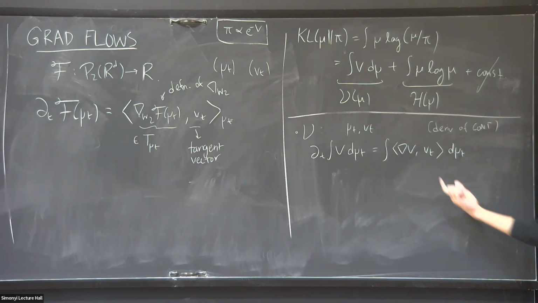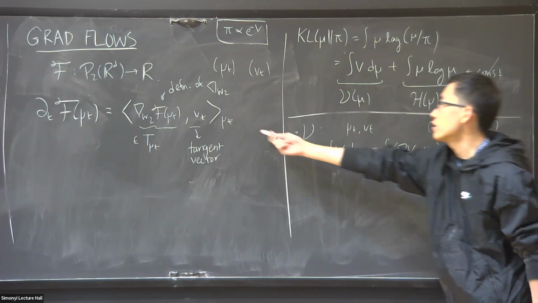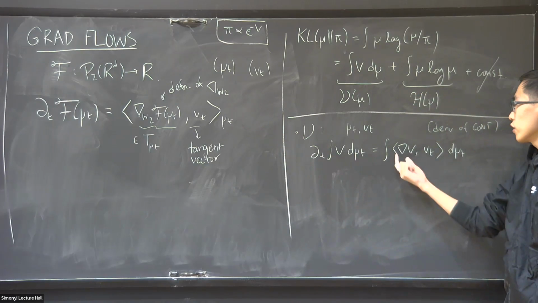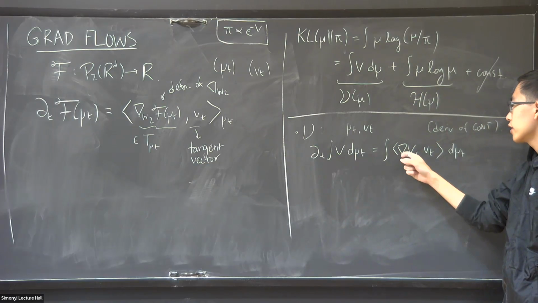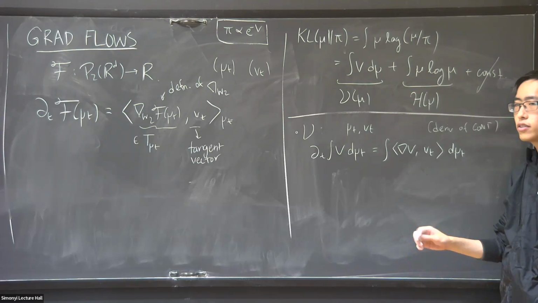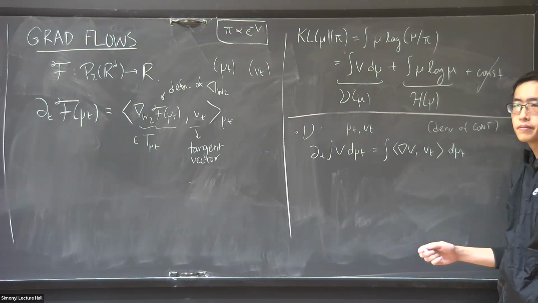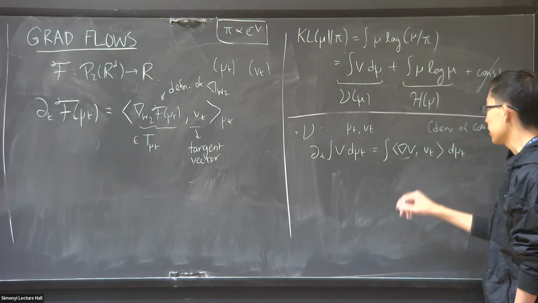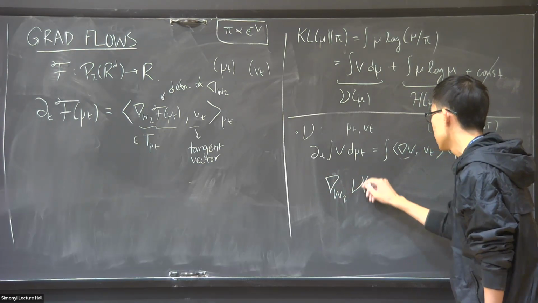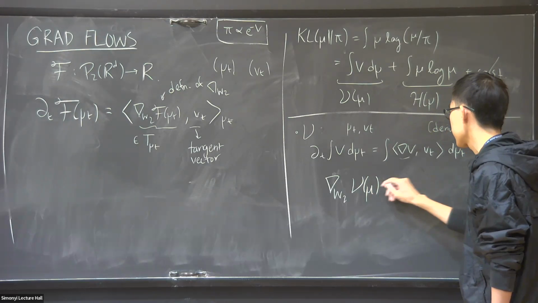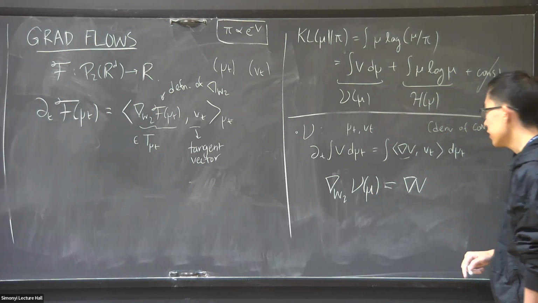So this looks like our candidate for the Wasserstein gradient of this potential energy functional. You can check this indeed belongs to the tangent space because it's of the form gradient of some function. So I know that this is in the tangent space. So the Wasserstein gradient of this potential energy functional is the gradient of V.